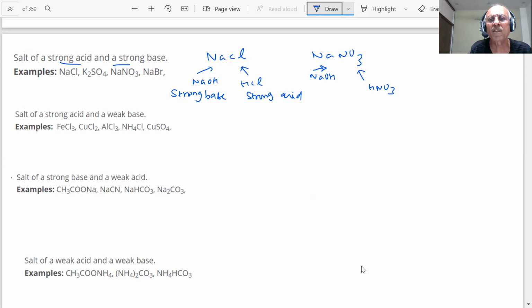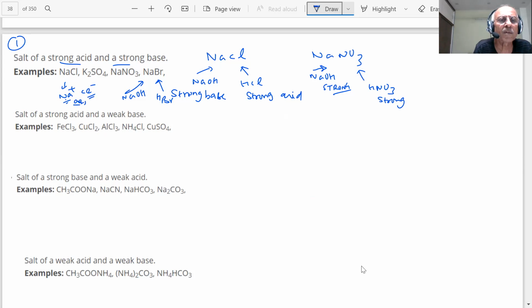Both are strong. If I take NaBr, it is coming from HBr and NaOH. They are strong. So this is the first category: salts of a strong acid and a strong base, and they are going to be ionized. We know salts are completely ionized.